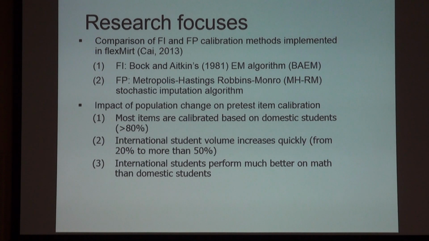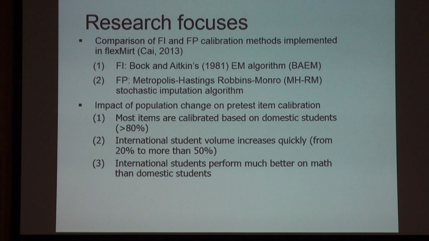In the newly developed software flexMIRT, authored by Professor Cai Li in 2013, we happily saw that both fixed item and fixed person parameter calibration methods have been implemented, which allows us to systematically compare them for CAT pretest item calibration.